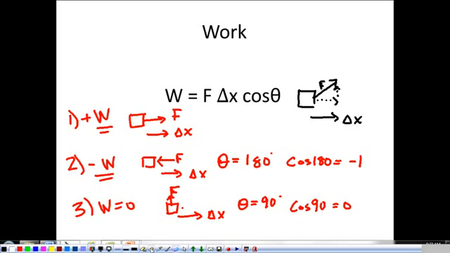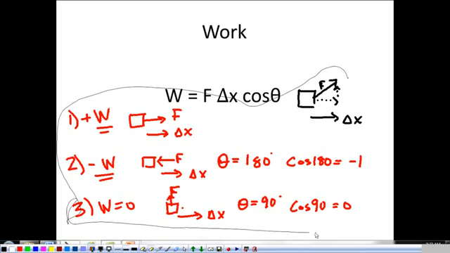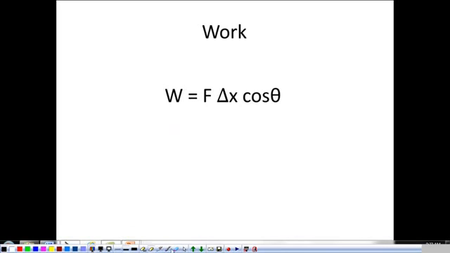Now, if we get rid of all this real quick and go back to drawing. Let's say you're holding a book.